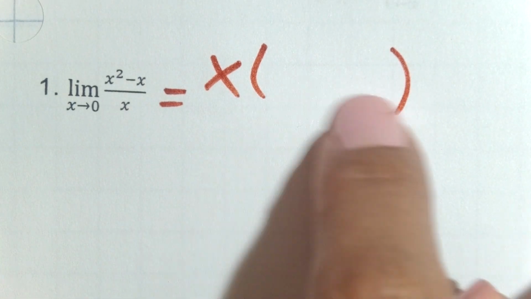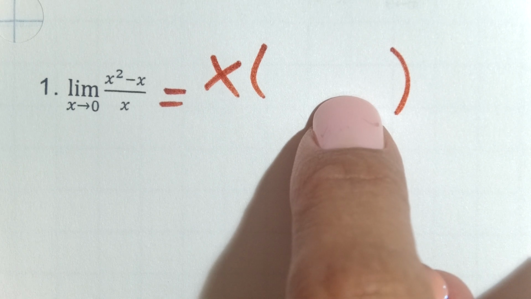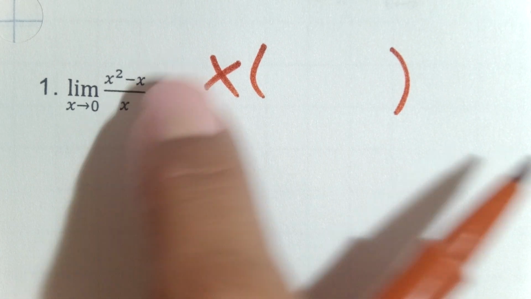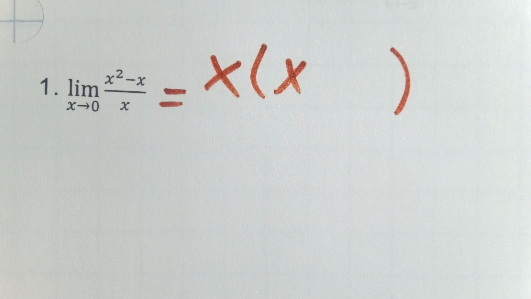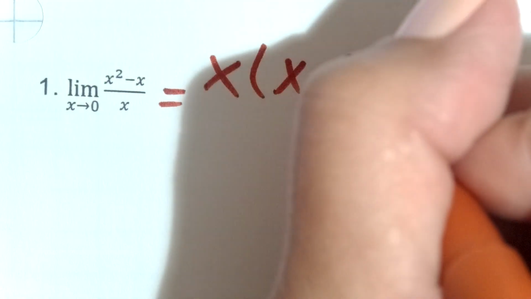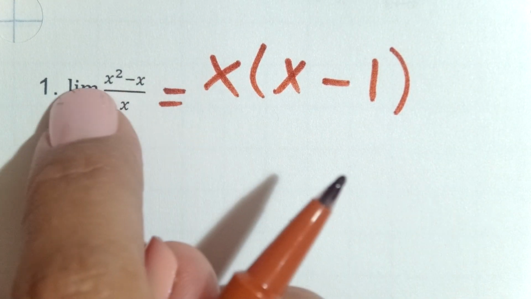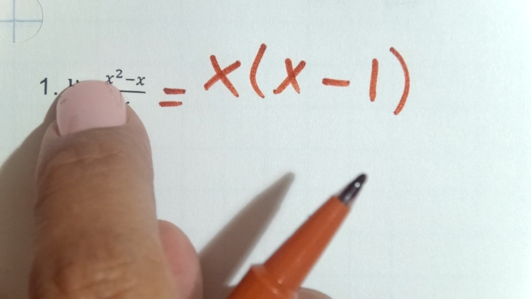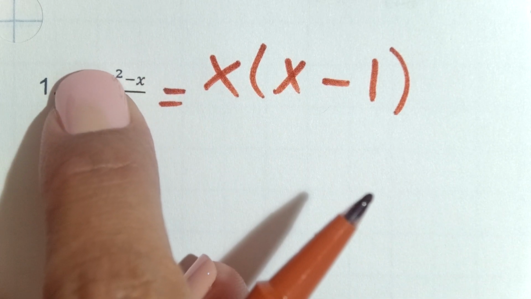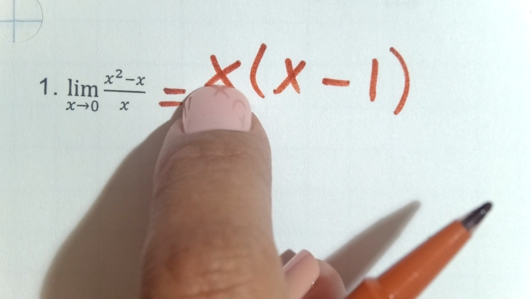What goes on the inside? Do you remember this from last week? This is why we did factoring last week. Nope, not minus X. Minus 1. Remember, you're asking yourself, if they both have an X in common, I need to figure out how many more X's I need in the parentheses. How many is here? 2. How many do I have here? 0.